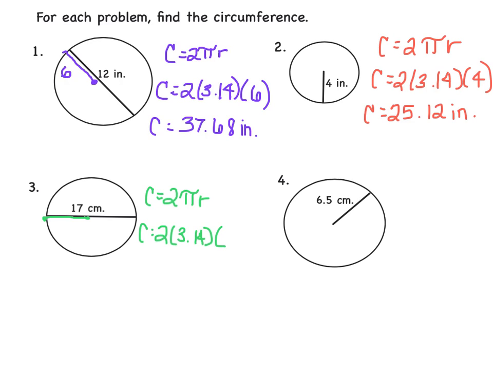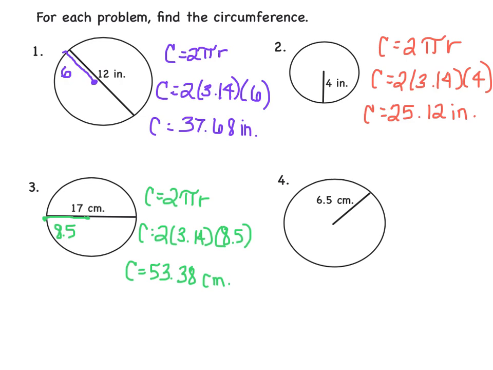So 17 divided by 2 is 8.5. I'm going to plug that in. The radius is going to be 8.5. Multiply that by 2 times 3.14, and we get circumference equals 53.38 centimeters.